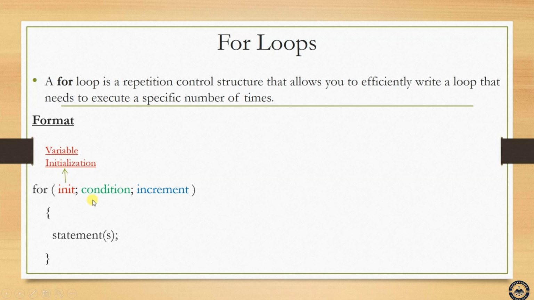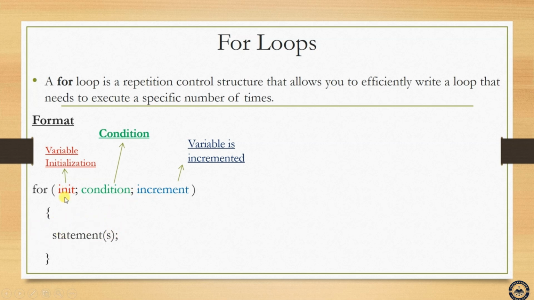In the second section, the loop condition is checked. That depends upon our requirement, what type of condition we need to use. And in the third section, the loop variable is incremented. I hope you understand the three sections of this part. And after that, the loop statements are here.